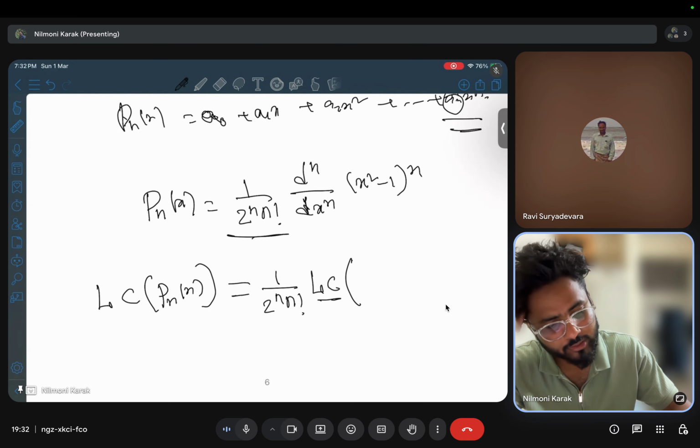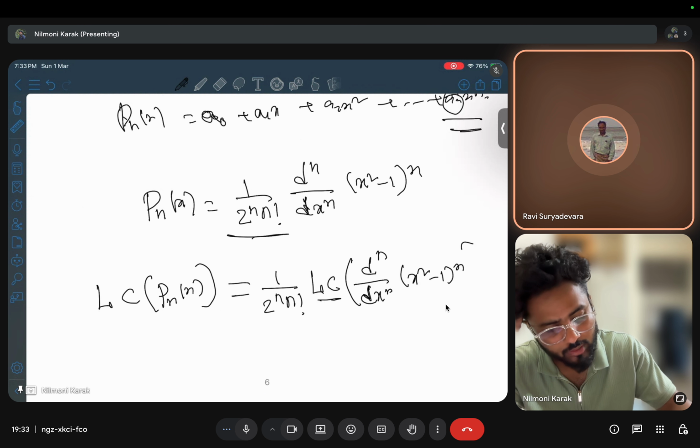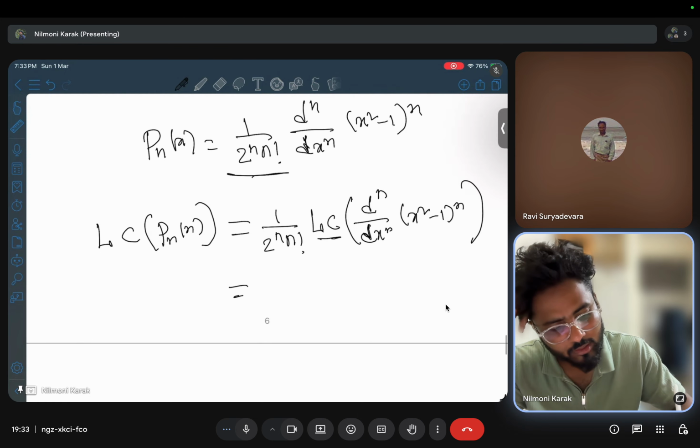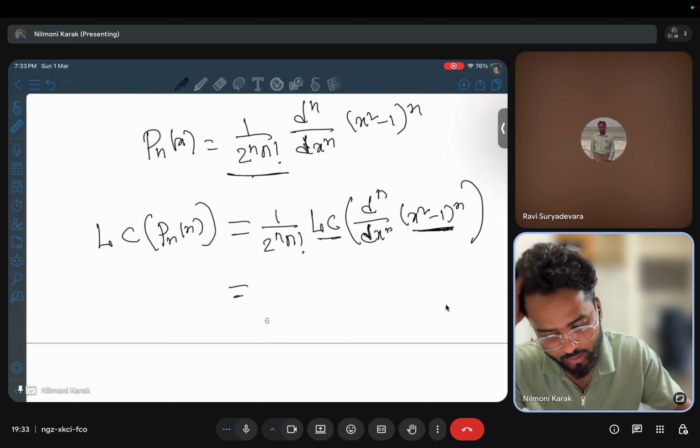LC means just leading coefficient. d^n/dx^n, and d^n means nth derivative. So you are taking the nth derivative of this function (x square minus 1) to the power n.